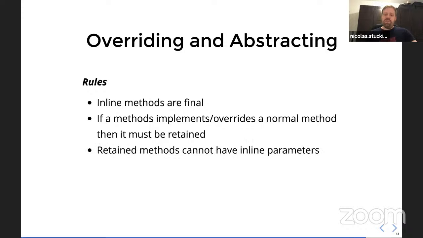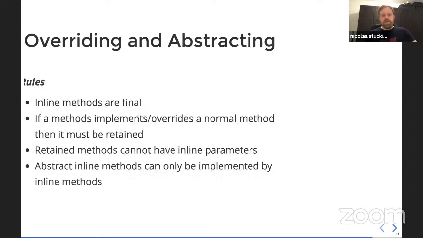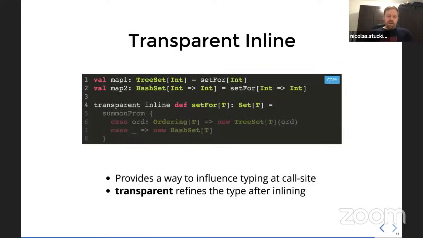Retained methods cannot contain inline parameters, and an abstract inline method can only be implemented by an inline method. That has its uses. It's a bit weird, but if you want to know about it, just check the examples in the paper.